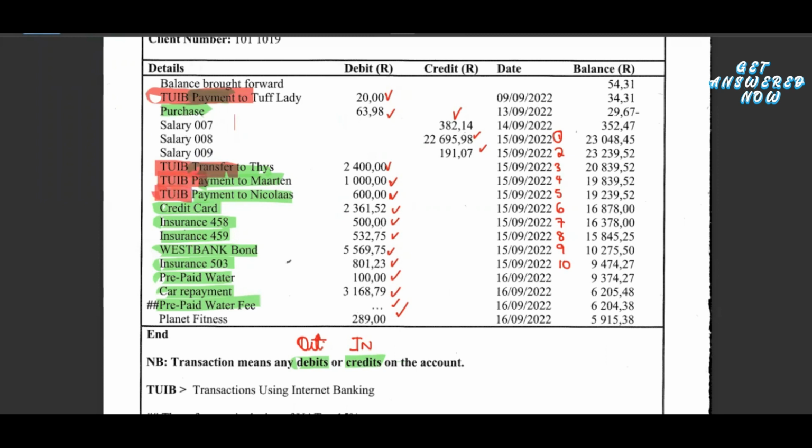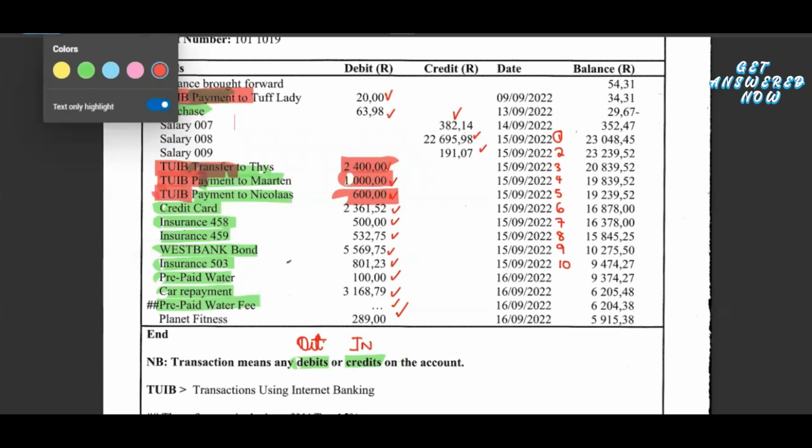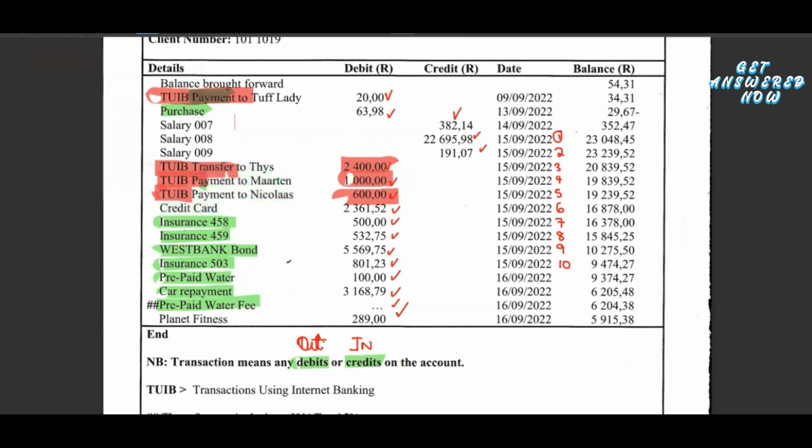And now we go to the amount. We have that, that, and that.